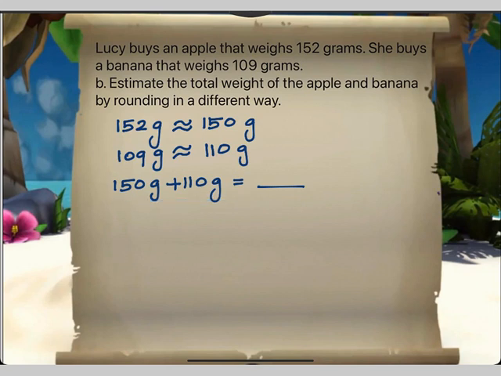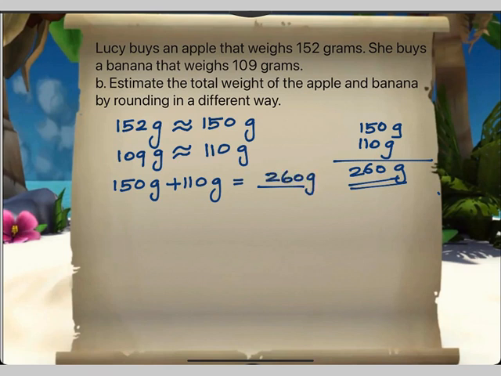Let us use the standard algorithm to find the value. The value is found to be 260 grams. So 260 grams is the estimate for the total weight of apples and bananas.